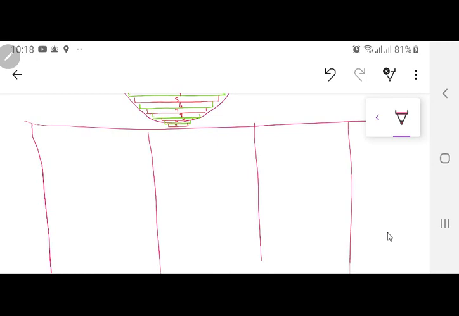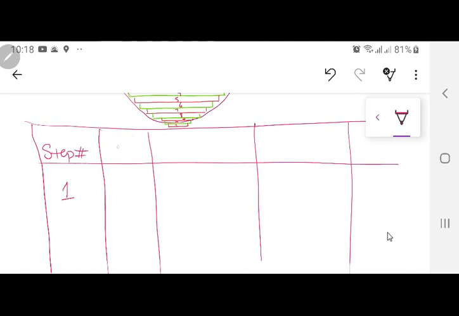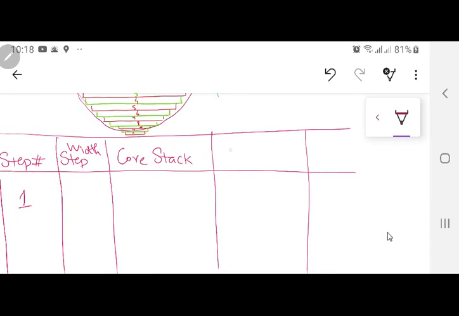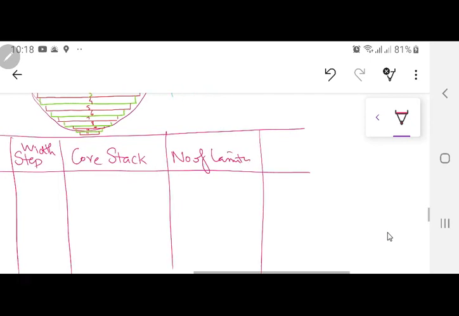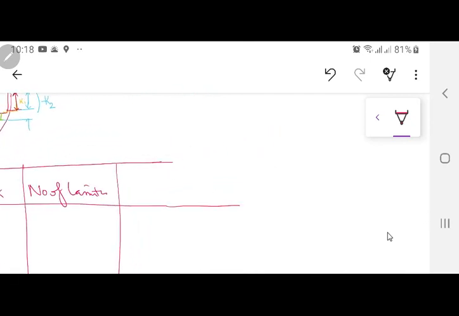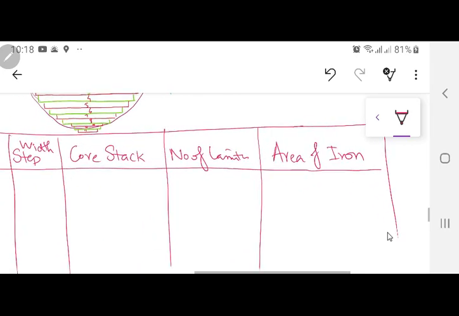The first column is going to be, let me call it, step number, the first step, and then I have the step width, and then I have the core stack, and the next one is the number of laminations, and the last column is the area of iron. Okay, now how are you going to do this one?